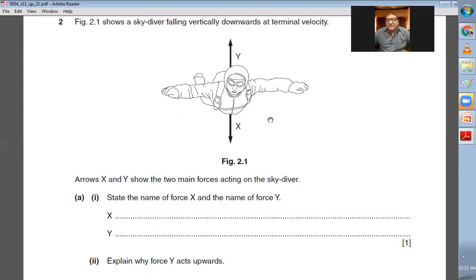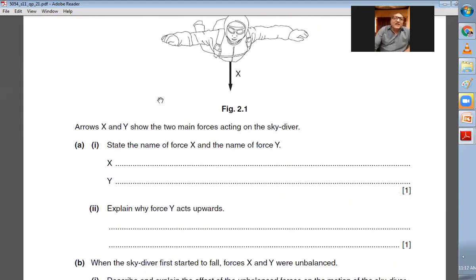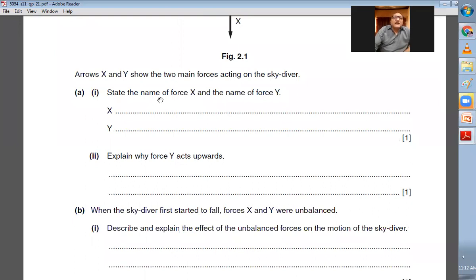Gradually, the speed of the body will increase because of the acceleration. As the speed increases, the air resistance will increase, so the value of Y will be gradually increasing. Describe and explain the effect of the unbalanced force on the motion of the skydiver.